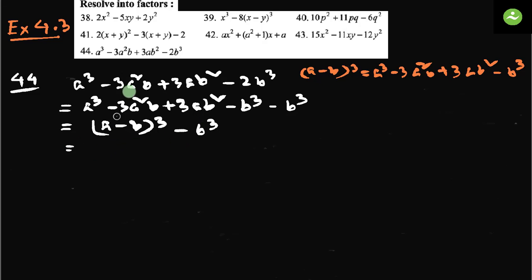Now we know another formula for factorizing, that is a cube minus b cube equals (a minus b) into (a square plus ab plus b square).